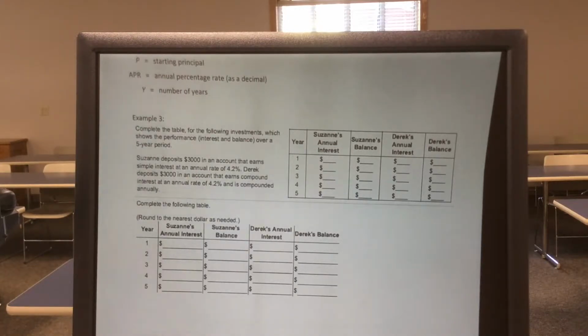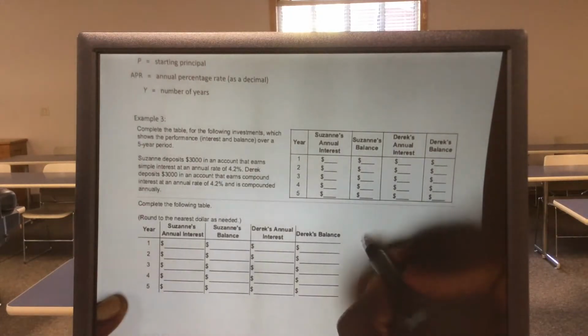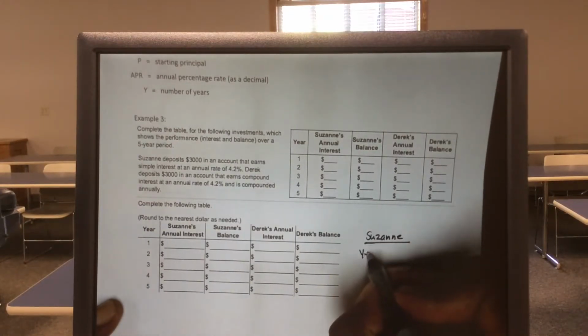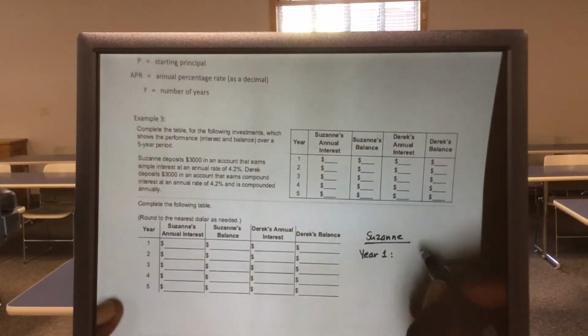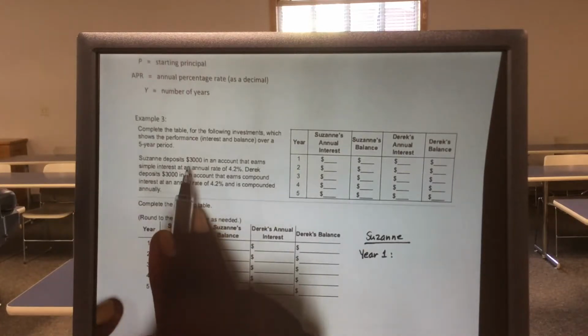Okay, so now let's look at Suzanne's account. After the first year, she deposits $3,000.